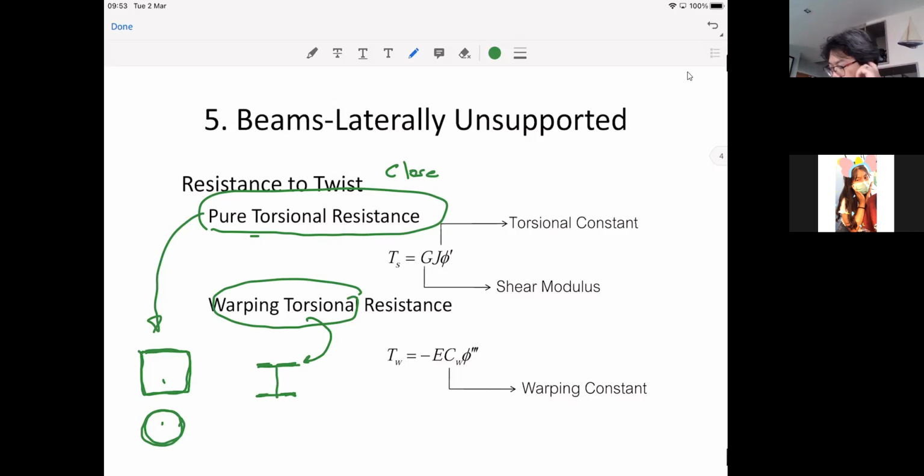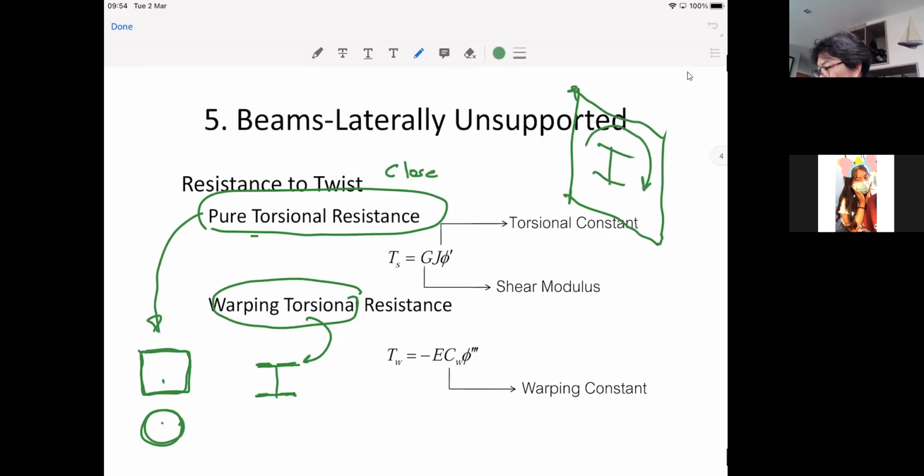But let's say this is your shape and this is your plane, if your shape is not a closed loop, the torsion will not only occur in this green plane, but will also force your member or your section to be warped out of plane like that as well. So that's another issue. There are two kinds of torsion, but that's all you need to know.